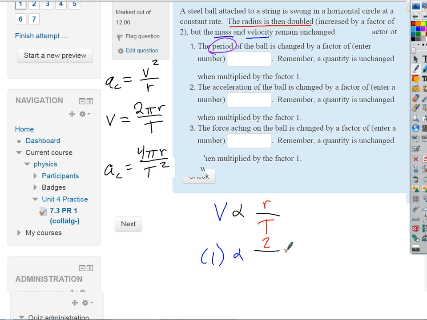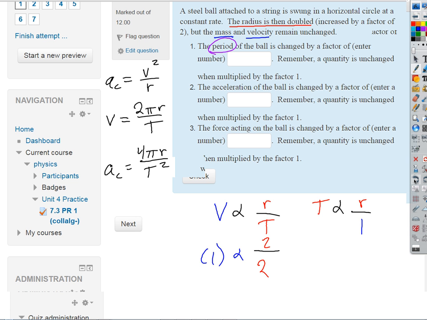So what would the time have to be changing by if that fraction is going to be equal to 1? 2, right? Or another way of doing it, you could just swap those two diagonally, because that's v over 1, right? So I could rewrite this one. Might be a better way to look at it, as period is proportional to r over v, sorry.